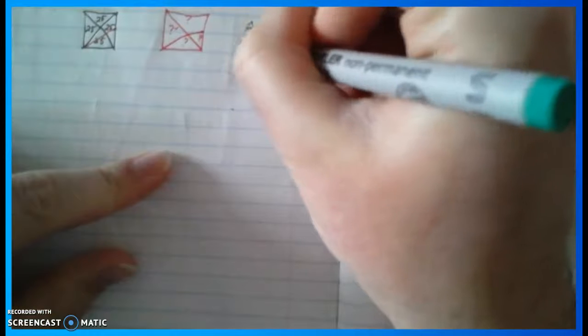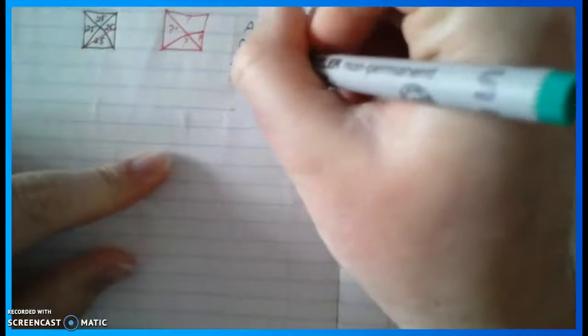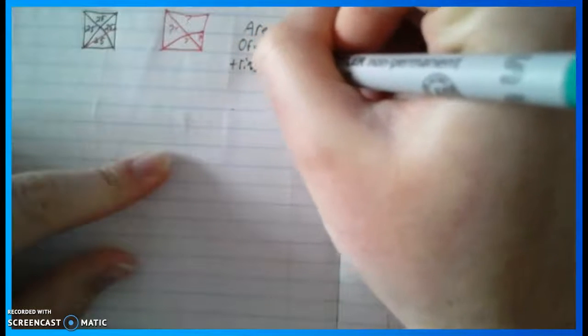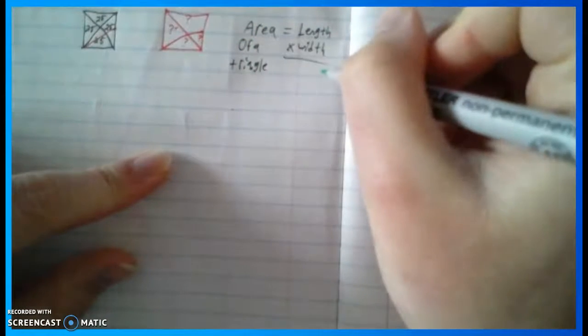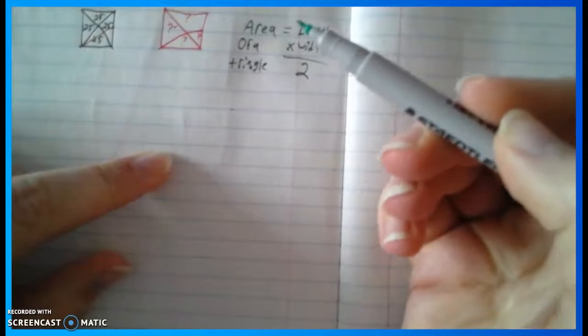So the area of a triangle is length times width divided by 2, right? Well, we don't have any side lengths, so how can we find the area? No problem. We can make side lengths.